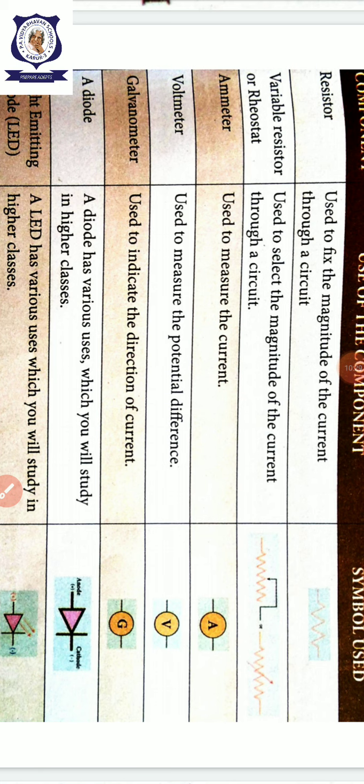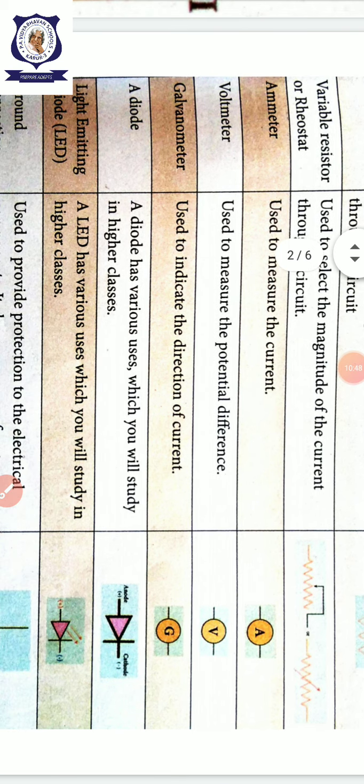Then galvanometer, if you use G, it indicates the direction of the current. When it deflects, there is a pointer. It indicates the direction of the flow of current. Then diode. A diode has various uses.